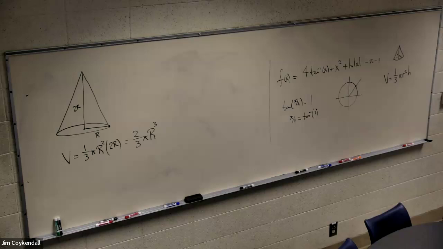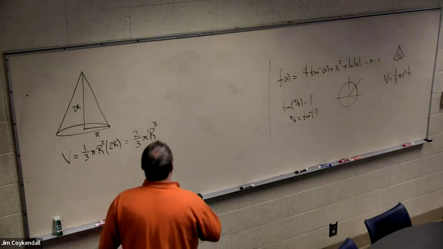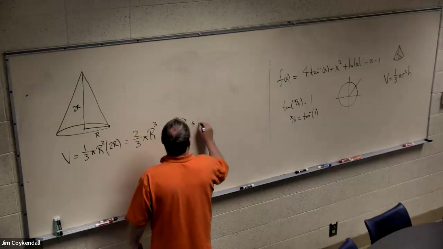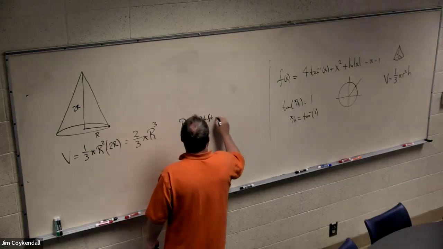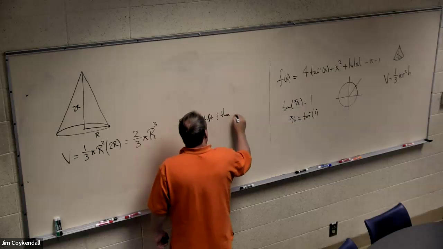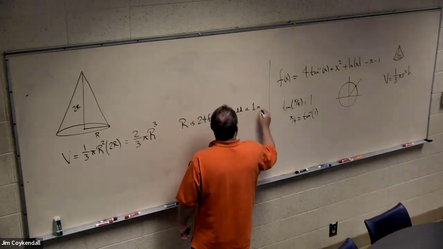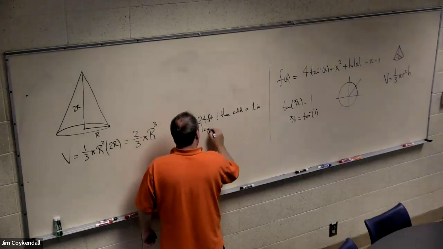Since the radius of the tower is 24 feet and the roof is covered with a 1-inch thick layer of ice, approximate how much the ice weighs. Ice weighs 60 pounds per cubic foot.